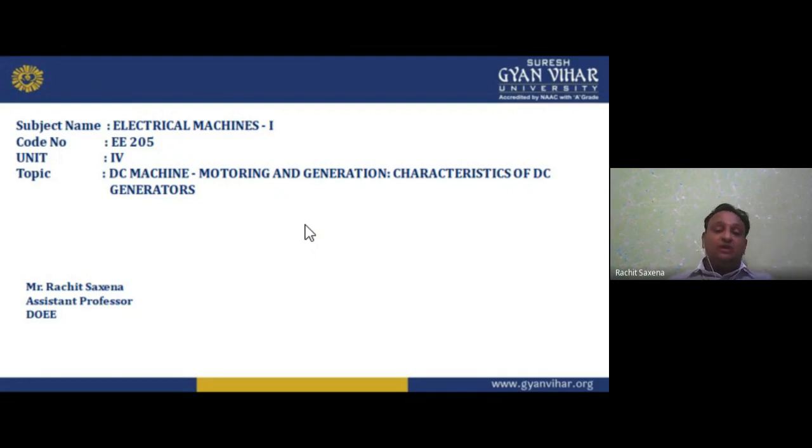That is the motor. In a generator, the input is in the form of torque, speed, rotation, revolution, and we get output in the form of electric power, energy, voltage, and current. That is the generating action. So we have two actions, motoring and generating, and two principles.